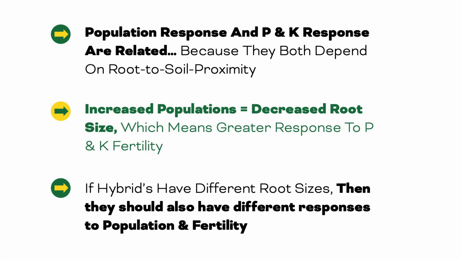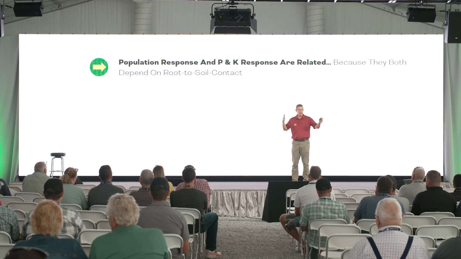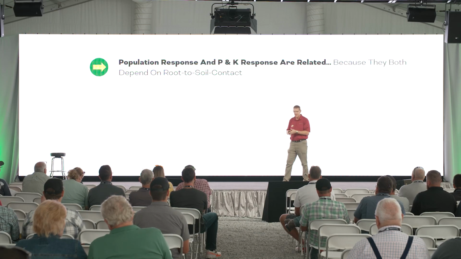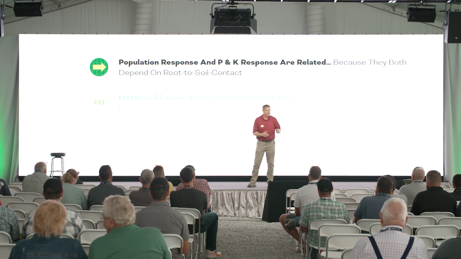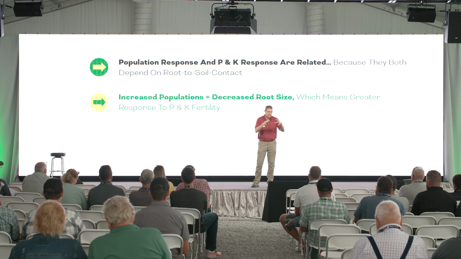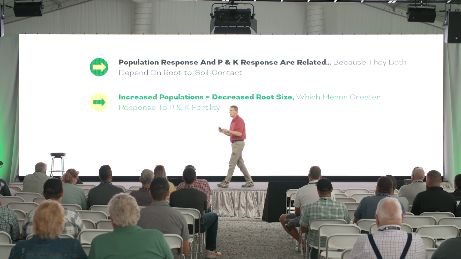So going back to Dr. Foxhoven's research, when he started that project, he had a number of assumptions about roots. One of the things he started with as a theory was that there is a response to population and P and K. So think about it. P and K do not move very much in the soil, and as a result, roots need to be in close proximity to those nutrients.